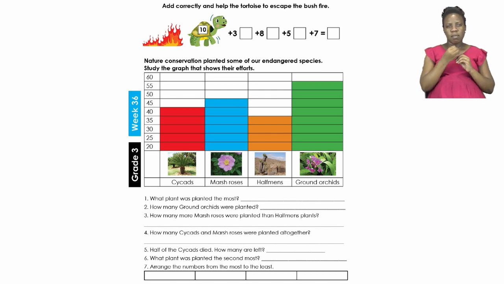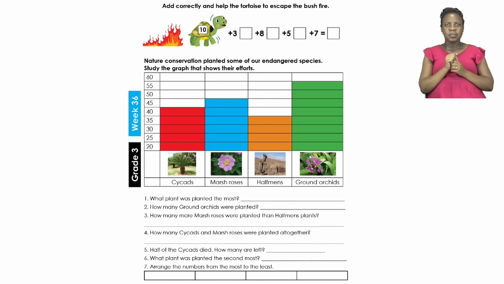Number 7, it says you have to arrange the numbers from the most to the least. So you must just go back to your graph again and look at which plant was planted the most, and then you arrange all the numbers from the most to the least.